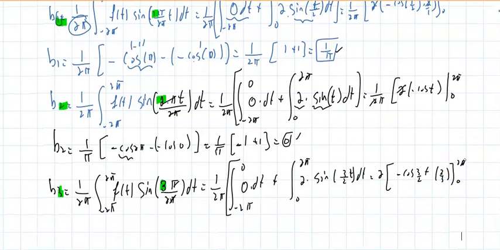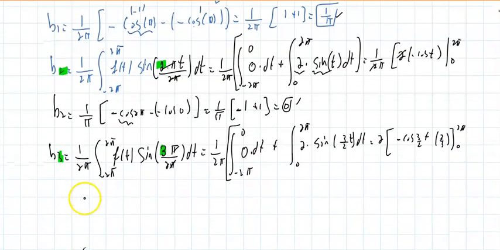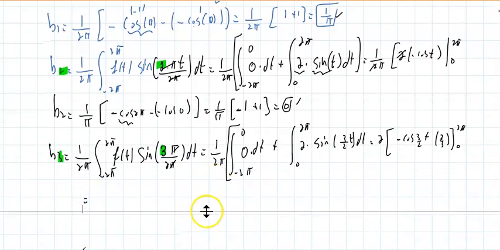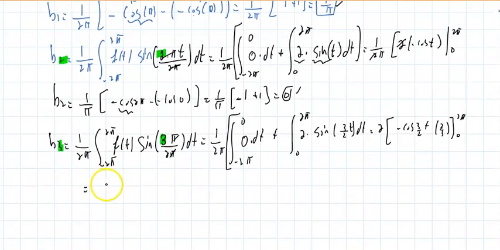So that turns out to be twice. If you put the 2 pi in, you will get negative, you know what, I'm going to take that 2, that will make that 4/3.